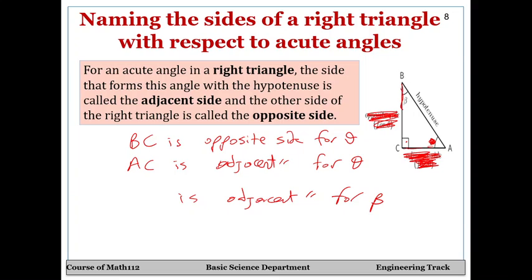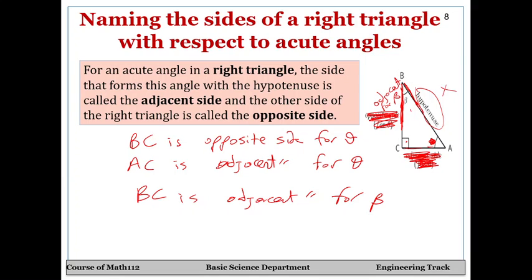There are two sides next to beta. Here is the hypotenuse, and we don't take it as adjacent. So the adjacent side will be this one here. So BC is adjacent for beta.